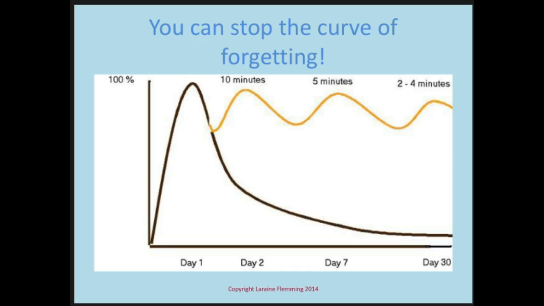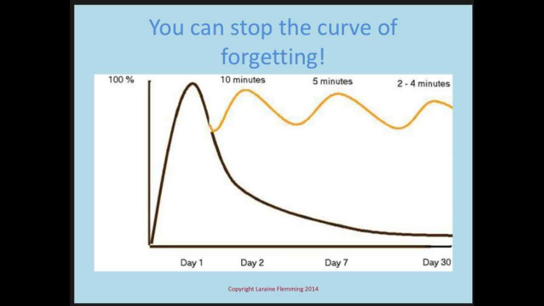The thing is that if you take a look at the black curved line, by the second day, if you have done nothing once you walked out of that classroom through 24 hours, you have lost up to 80% of the information that you gained. We have to interfere with this. We have to review in order to be able to maintain some of that information.